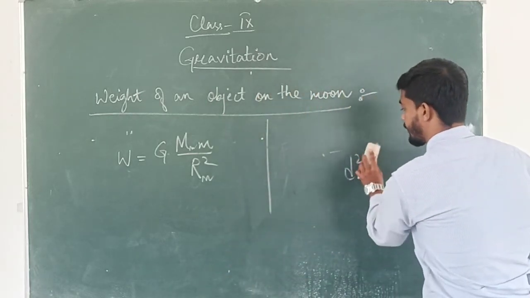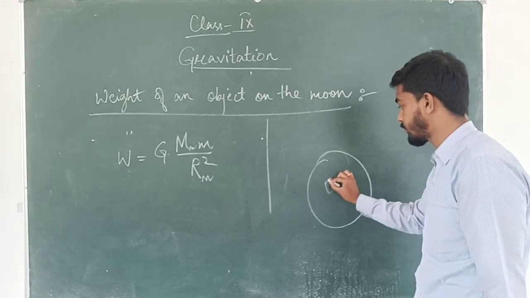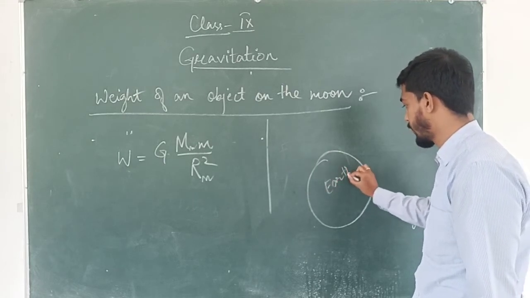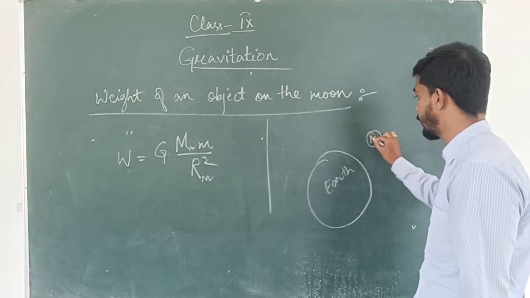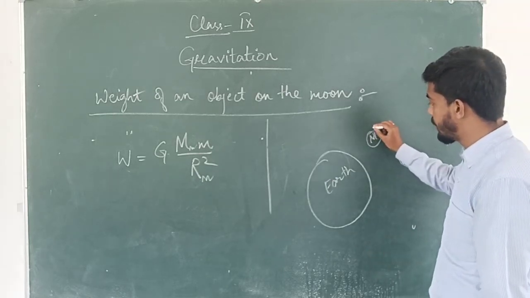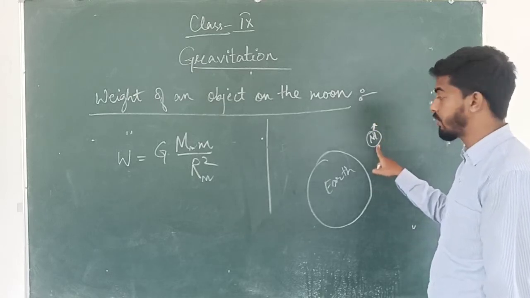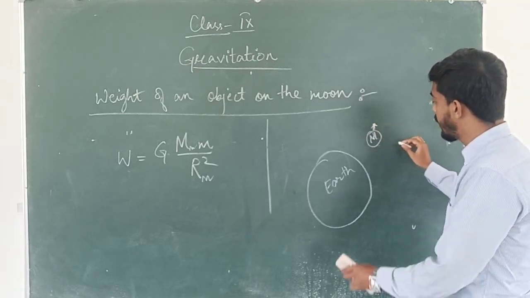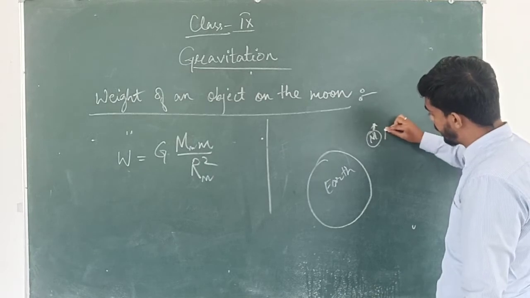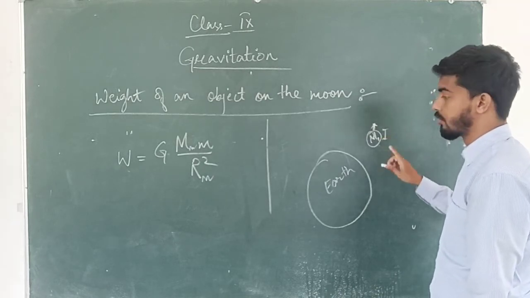This is because, say this is our earth and somewhere here is our moon. If I am measuring something on the moon, then accordingly I will take the distance between the object and the center of the moon and the mass of the moon.